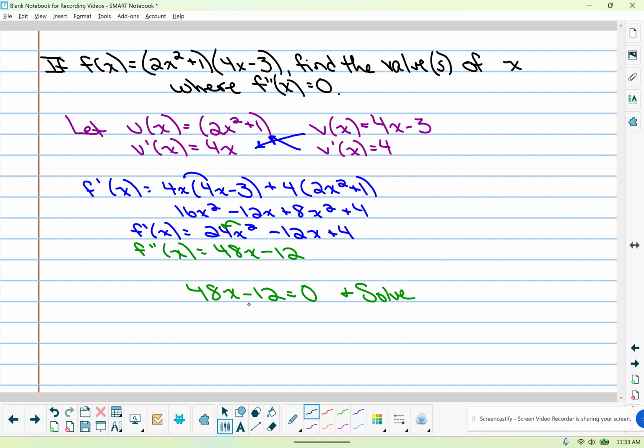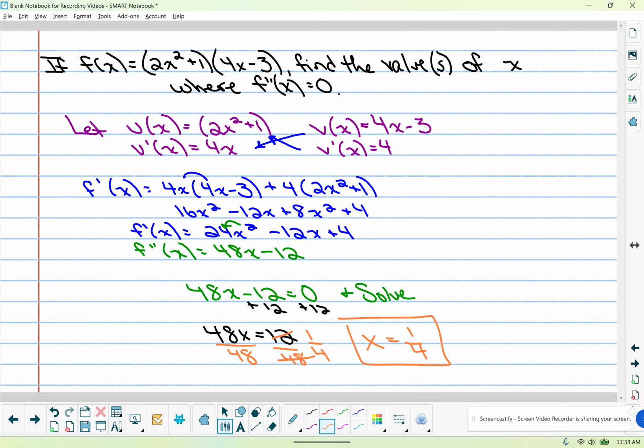So we're going to add a 12, add a 12. So 48x equals 12. Divide by 48, divide by 48, and we get x equals, make sure you reduce this, right? So this is going to be a 1/4.